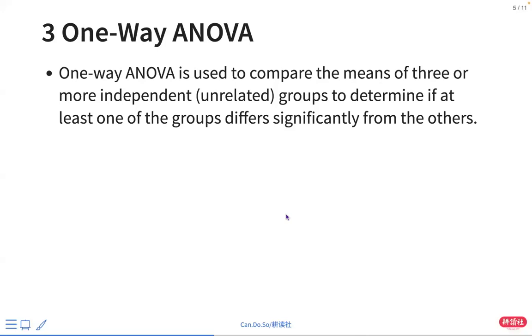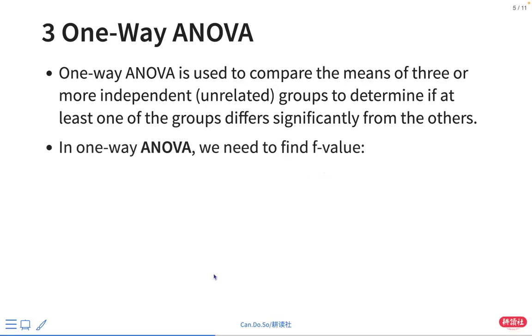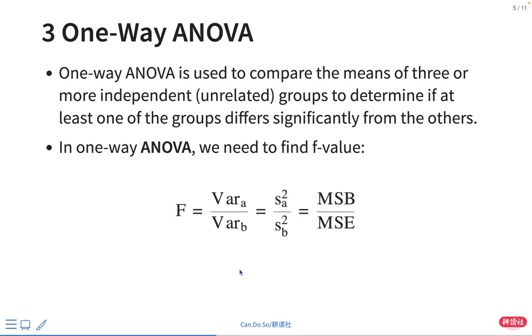So what is a one-way ANOVA? One-way ANOVA is used to compare the means of three or more independent or unrelated groups. In one-way ANOVA, we need to find the F value, which we get by this.